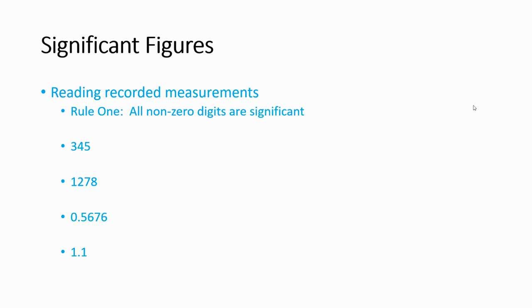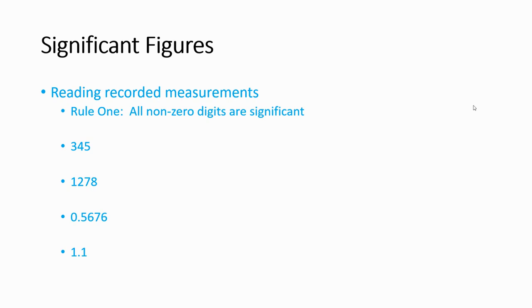Let's take a look. The first rule in reading a recorded measurement is this: anything that's not a zero must be significant. Someone must have measured it if they didn't write it down as a zero.